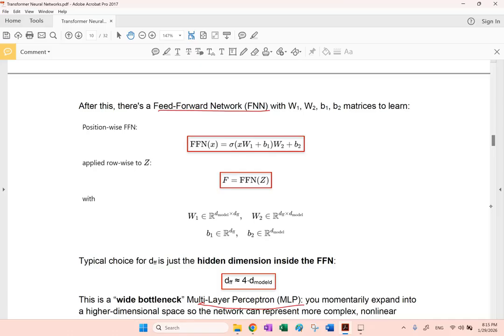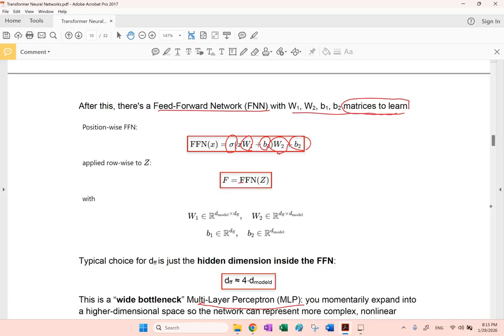So you're going to get the output of the norm layer multiplied by a weight matrix W1, add a bias B1, then pass it to a nonlinear function sigma, which you pick, and then you can multiply it by another set of weights and another set of biases. And again, all of these weights and biases are matrices and vectors that you have to learn. Okay?